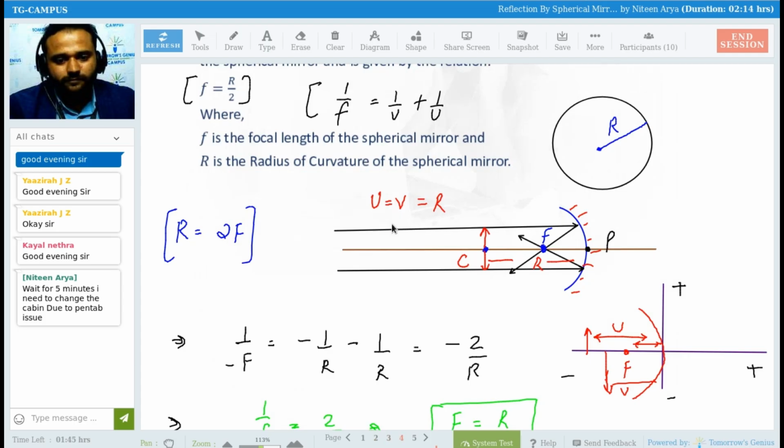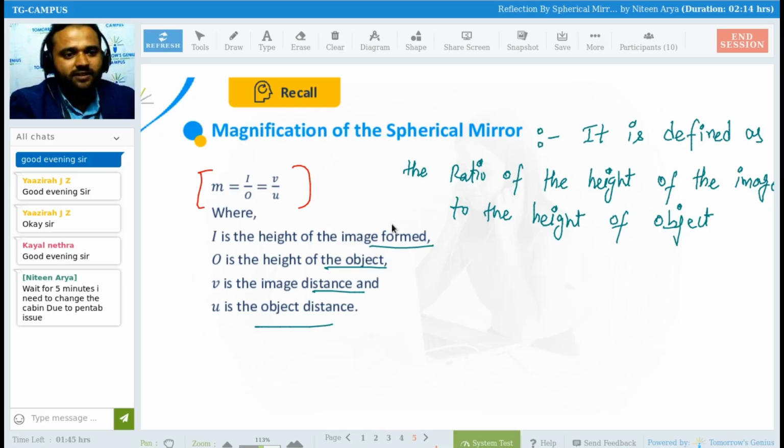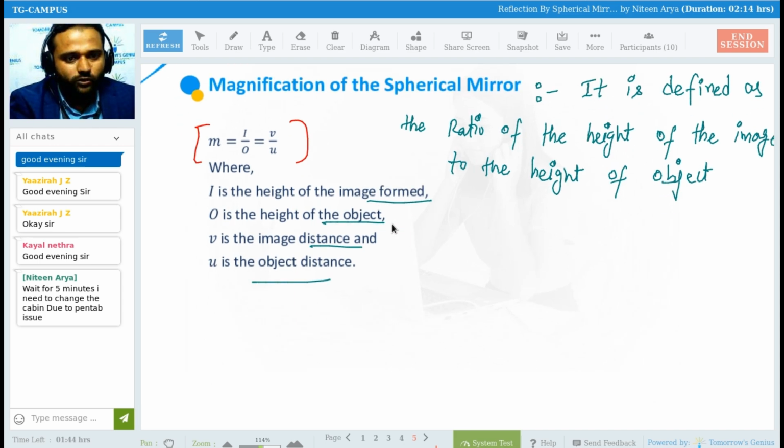Magnification. Just wait for a minute. This magnification is generally known as lateral magnification.